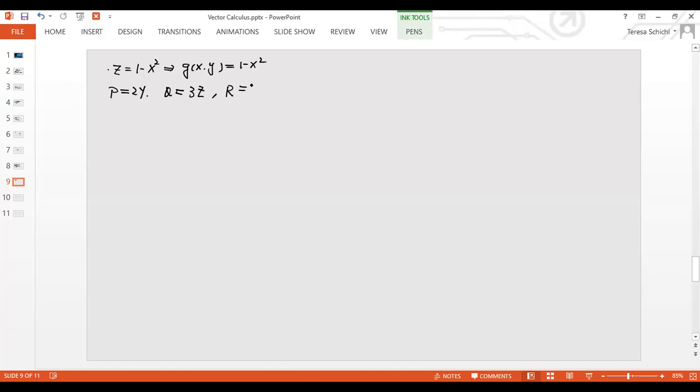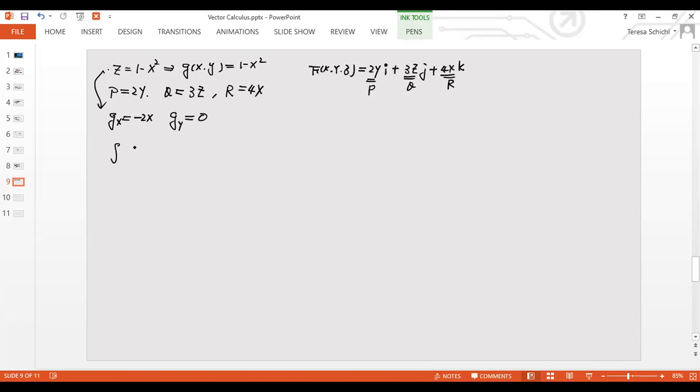R is 4x here, right? Because my f of x, y, z is equal to 2y i plus 3z j plus 4x k. So this is the P, Q, R. Now this is g, so we do the partials. g_x here is negative 2x. Then g_y: there's no y, so it's zero here.